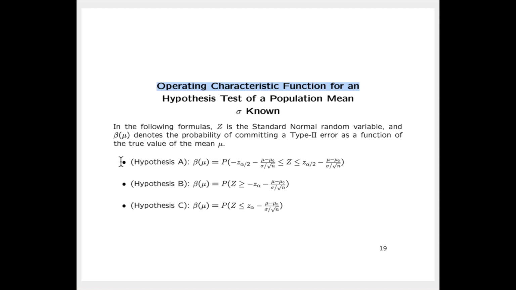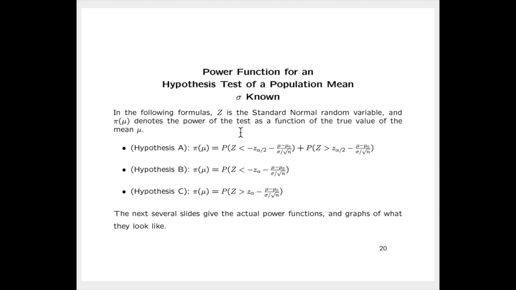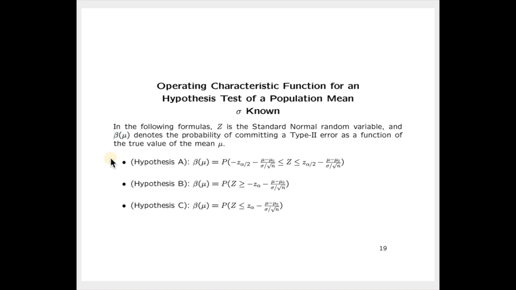Depending upon which hypothesis we're testing, that determines the appropriate formula for the beta function. In the following formulas, Z is the standard normal random variable, and this notation represents the beta function evaluated at mu, the probability of committing a type 2 error as a function of the true value of the mean mu.